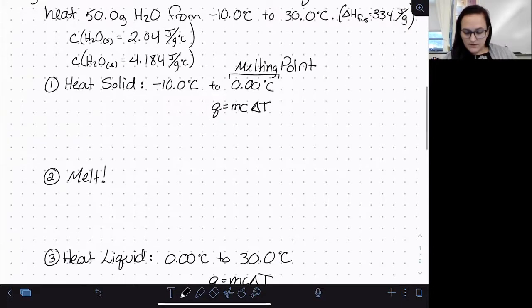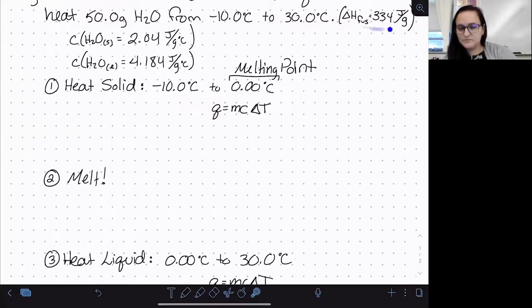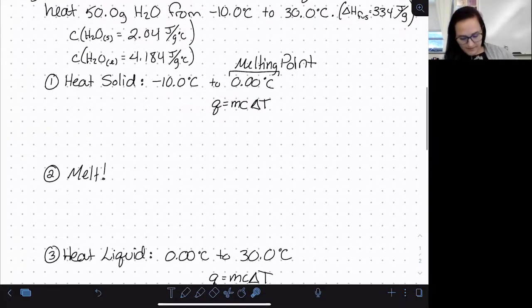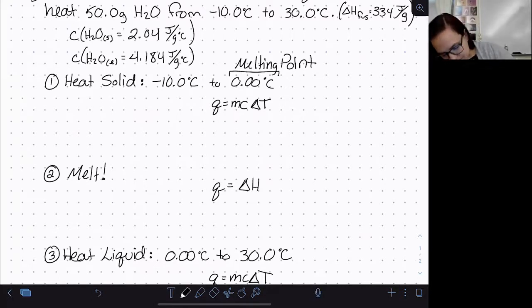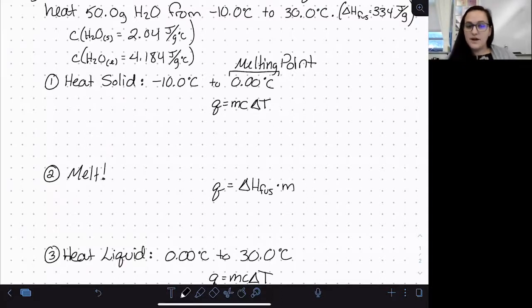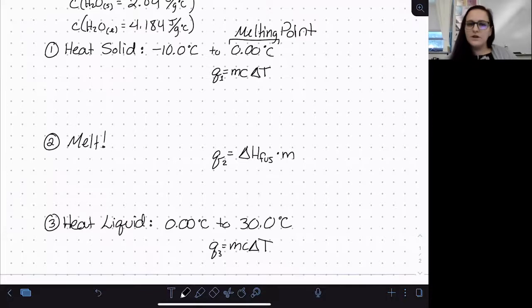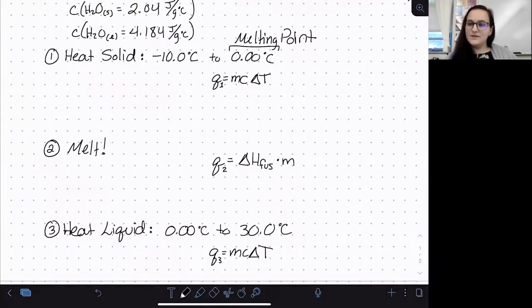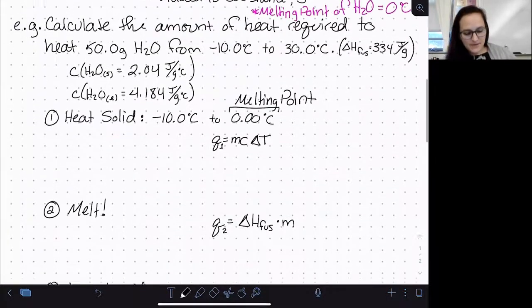So we're given the heat of fusion in the problem in joules per gram. So to find the heat transfer down here, we just need to take the heat of fusion and multiply that times the mass of our sample. Once we have those three individual Q values, so this was Q1, Q2, and Q3, the final answer is to just add them all together.